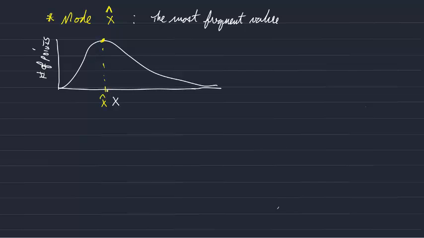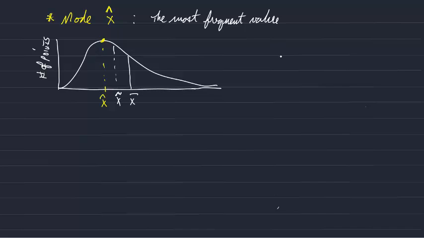Okay. And in this example, the mean would be someplace out here, and the median would be someplace in here. So these three measurements are slightly different. Again, the mode tells you the most frequent location.